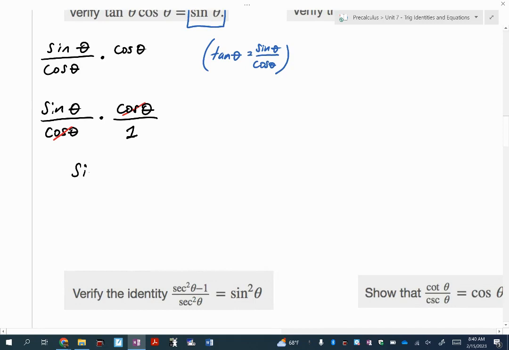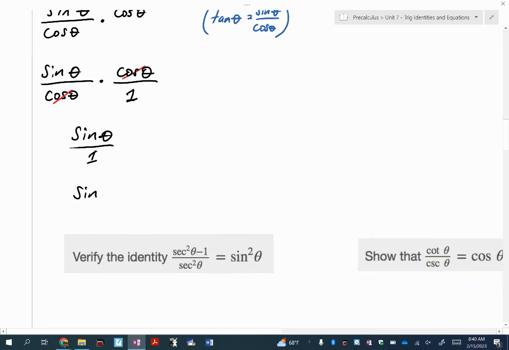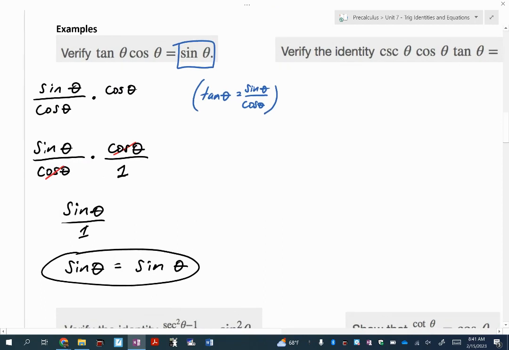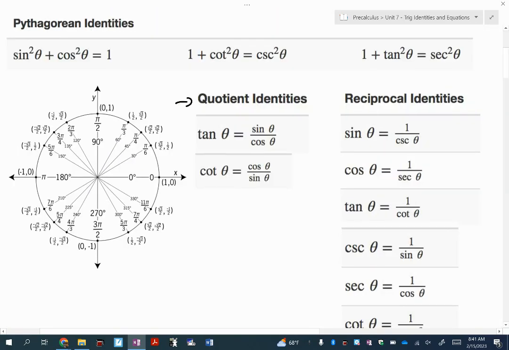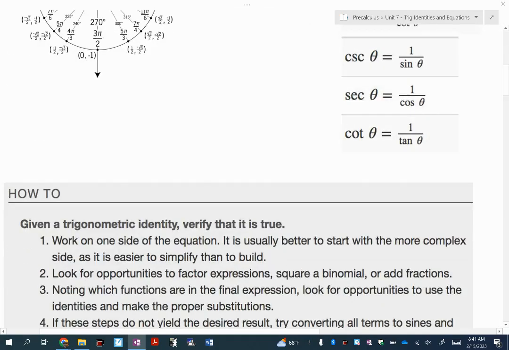So now I have sine of theta over 1, which is just the sine of theta. Remember, I wanted it to be equal to sine of theta. Really, this question came down to understanding this one identity, the tangent of theta equals sine of theta over cosine of theta, one of our quotient identities.